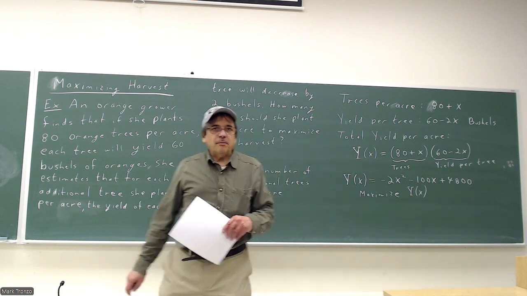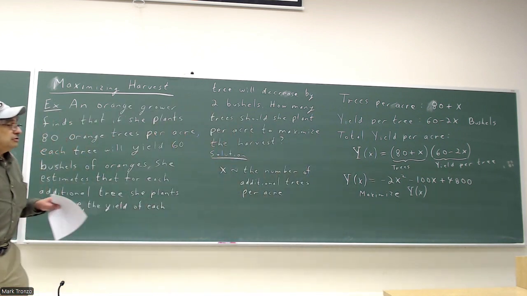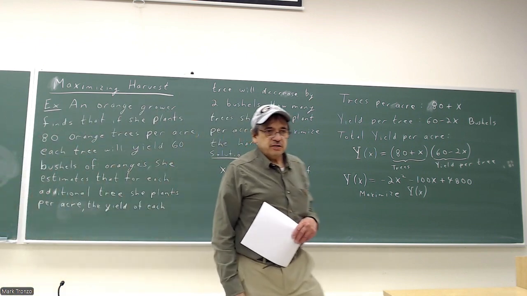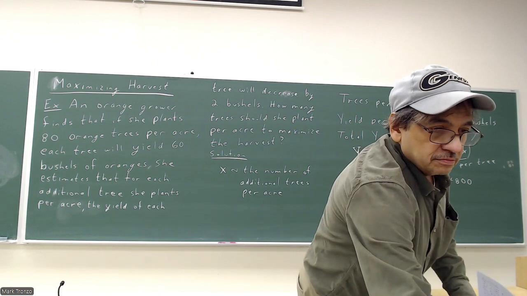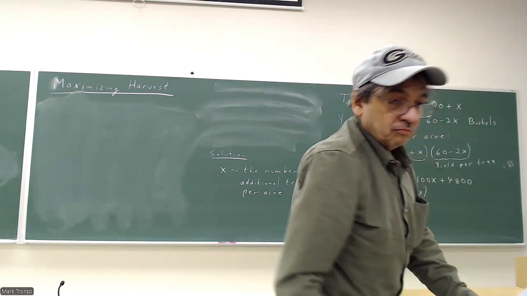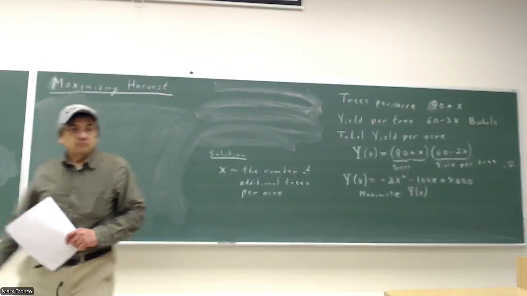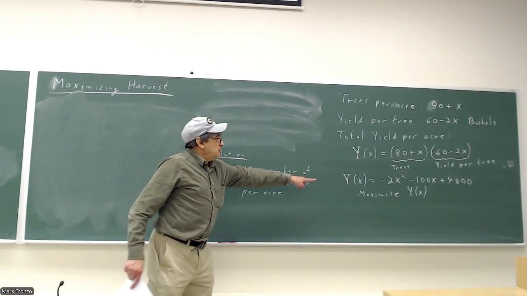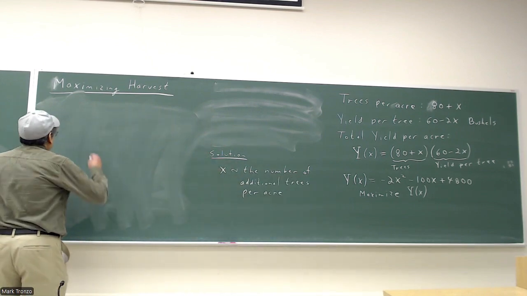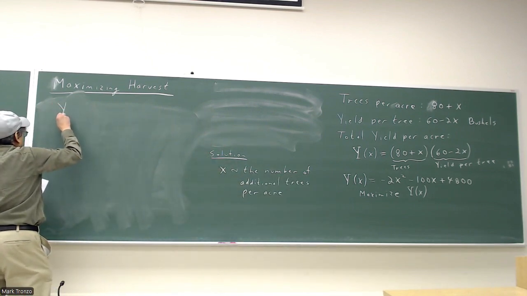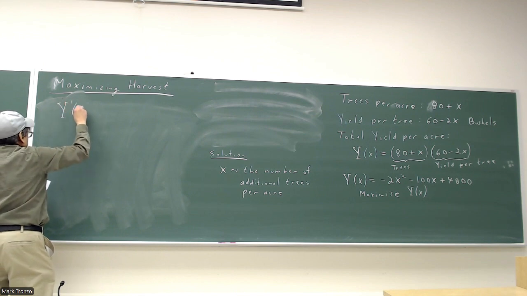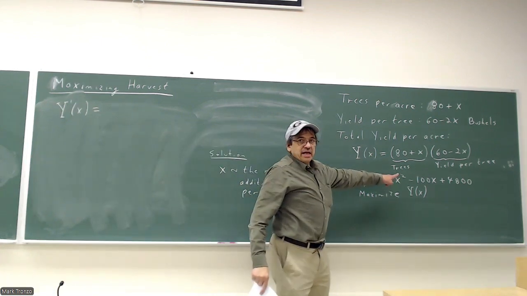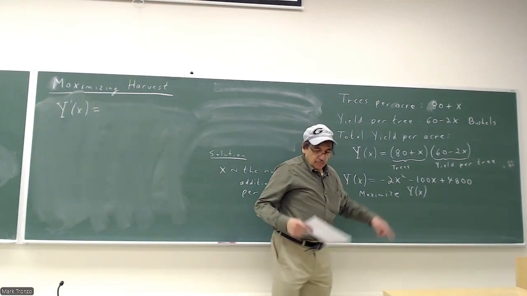Whenever you want to maximize a function in calculus, you take the derivative and set the derivative equal to 0. So we take the derivative of y, and y prime is simply negative 4x minus 100.